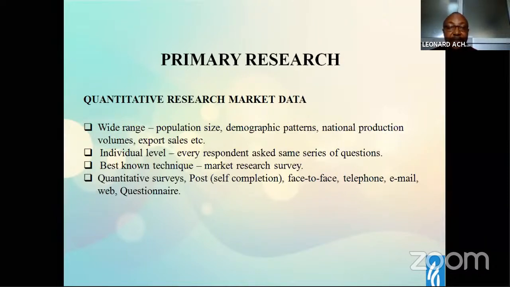In primary research data collection, we look at quantitative market research data. This one has a wider range, like the population size, the demographic patterns, the national production volumes, export sales, individual level, as every respondent is asked the same series of questions.